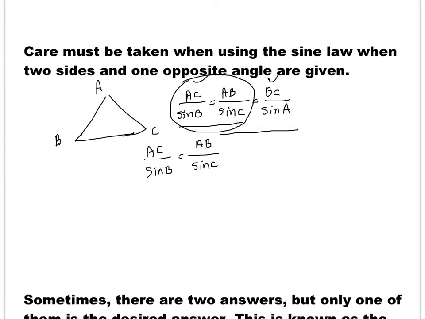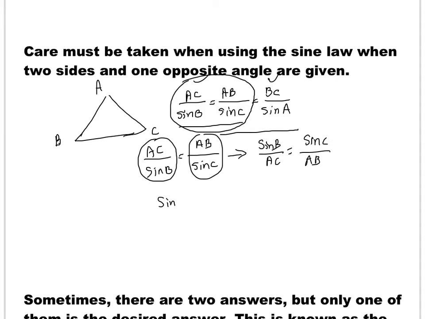If you are using this ratio to solve for angle B, we are going to flip both fractions. We get sine B over AC is equal to sine C over AB. If we cross multiply, we get sine B times AB is equal to AC times sine C. Divide both sides by AB.